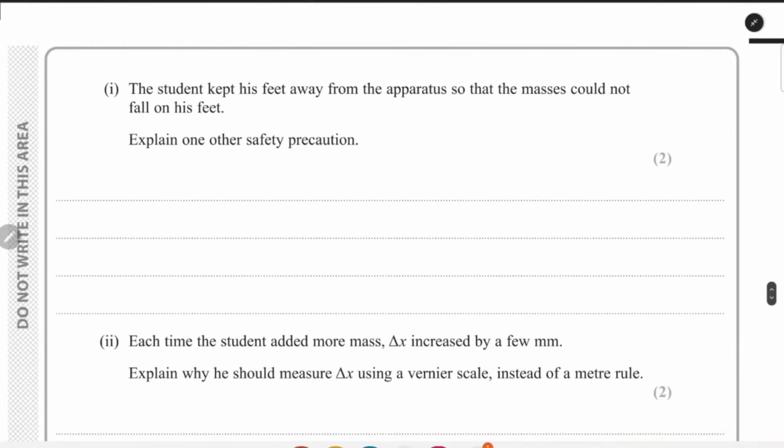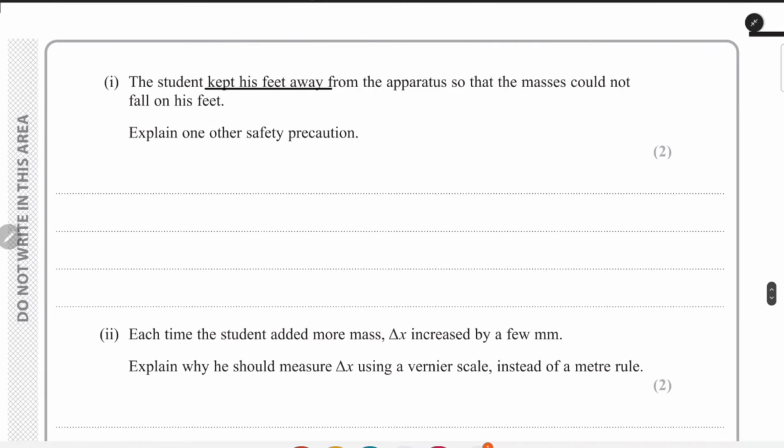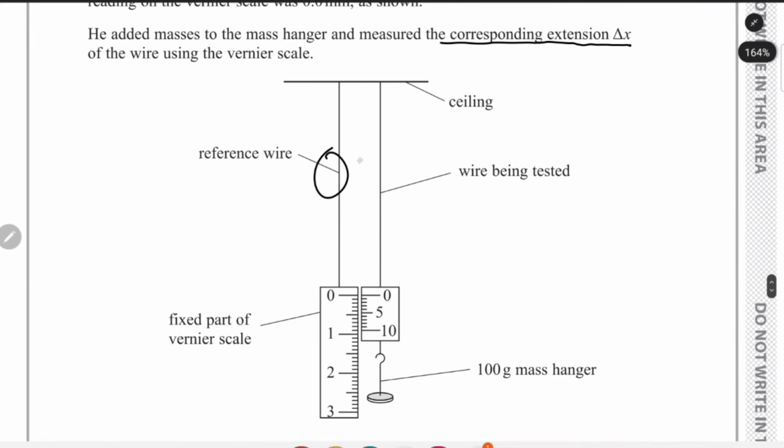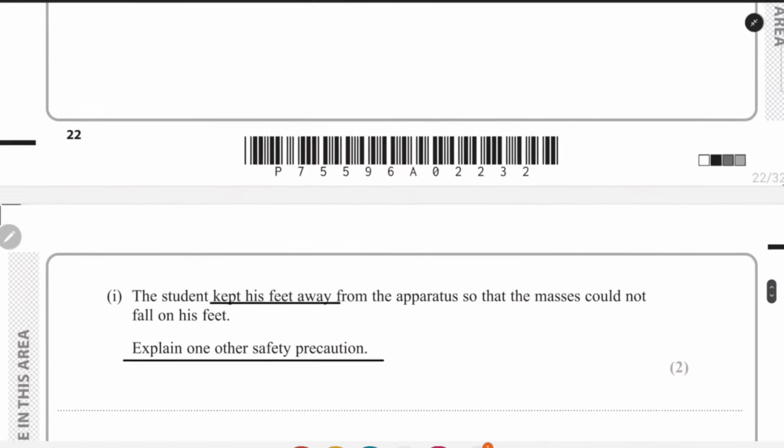In part 1 of this, we have to explain one other safety precaution. We are given one of them, which is he kept his feet away from the apparatus so the mass couldn't fall on his feet. Since we are using wires over here, the wires might snap and hit our eyes, so we'll have to wear goggles in this case.